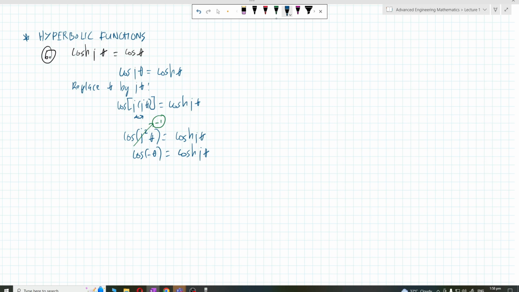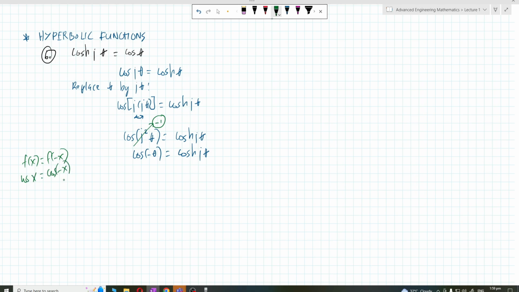Remember, the cosine function is an even function, where f of x is the same as f of negative x. So cosine of x is the same as cosine of negative x.